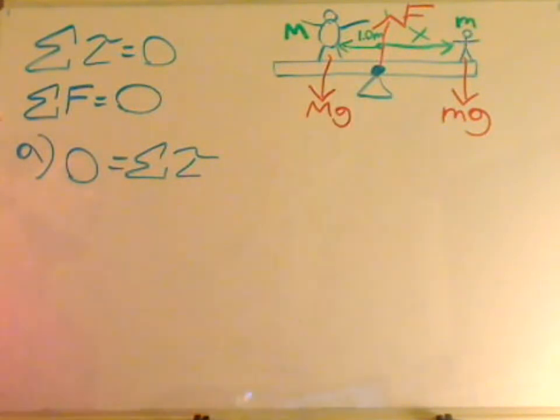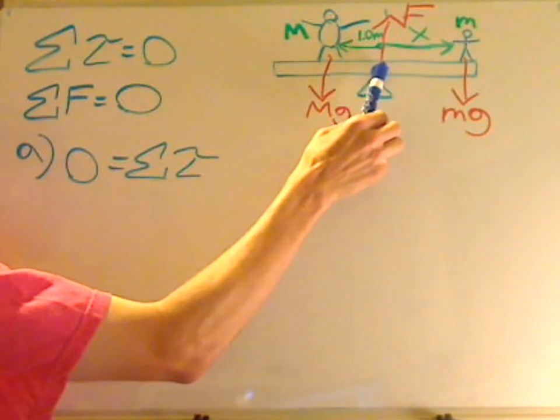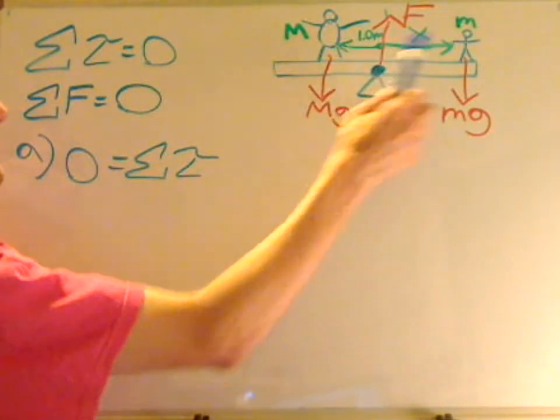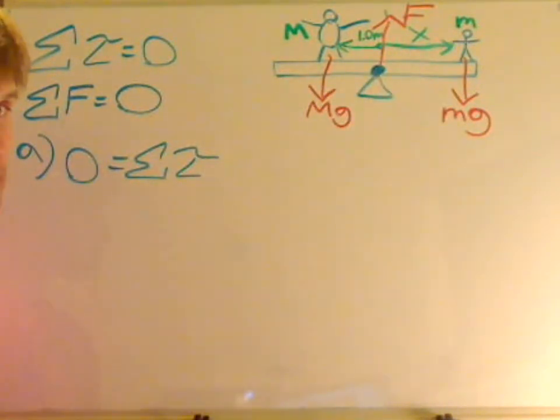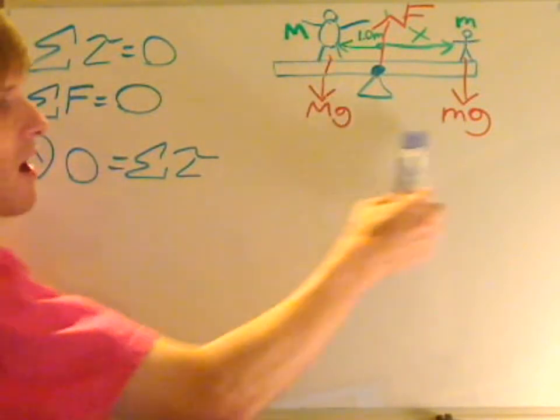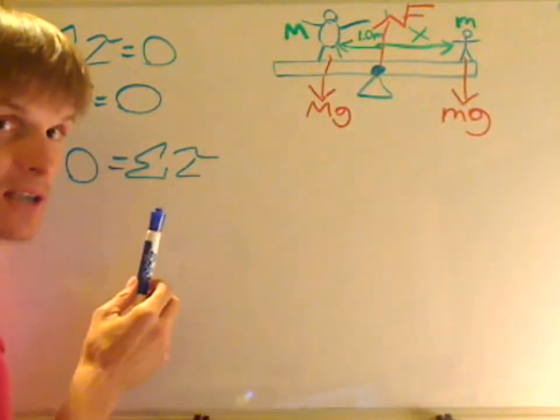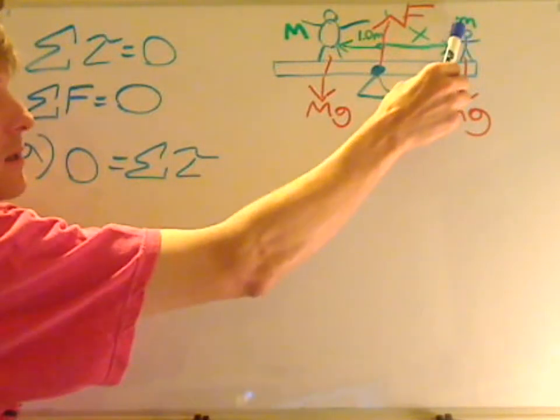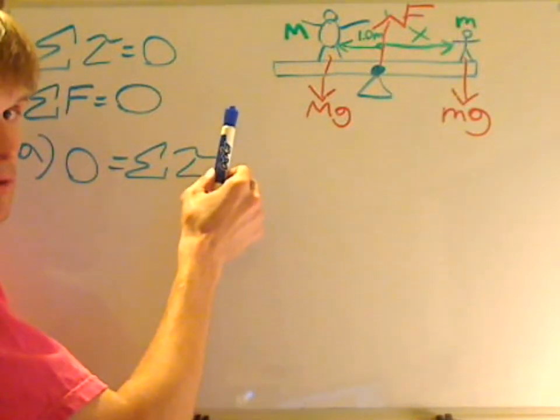So here's our pivot point. So we need to calculate the torque about this point due to these three forces. And what we're going to use is counterclockwise is a positive torque, clockwise is a negative torque.